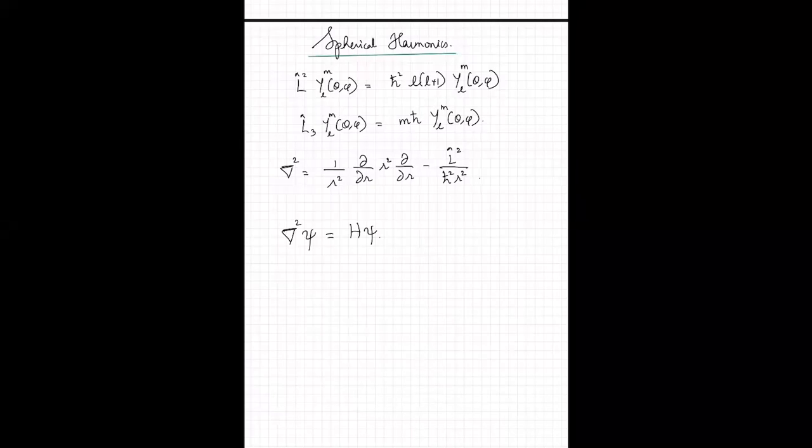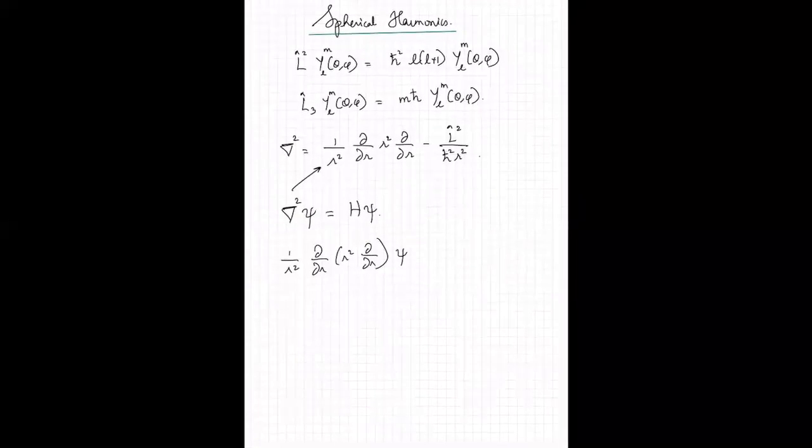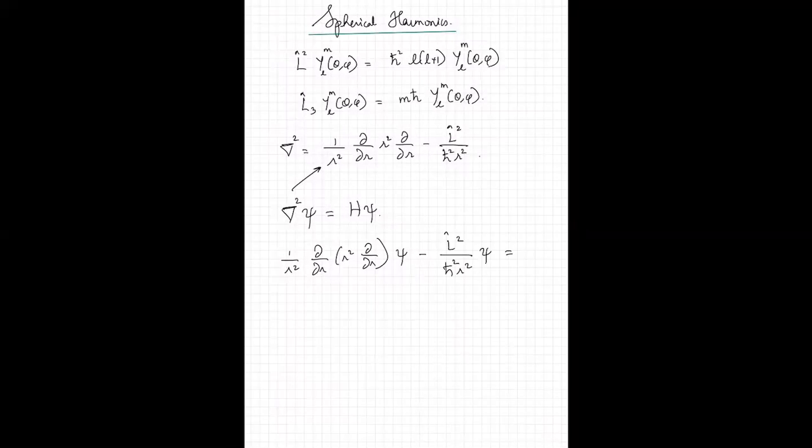But it turns out that in 3 dimensions, del square, of course, depends on r, theta, and phi, and I can write del square in this particular way, where all the theta and phi differentiations can be clubbed in this very compact looking piece called L square over h bar square r square. Okay, so now simply plug this over here. You will get 1 over r square d/dr, r square d/dr acting on psi minus L square over h bar square r square acting on psi equals E psi.